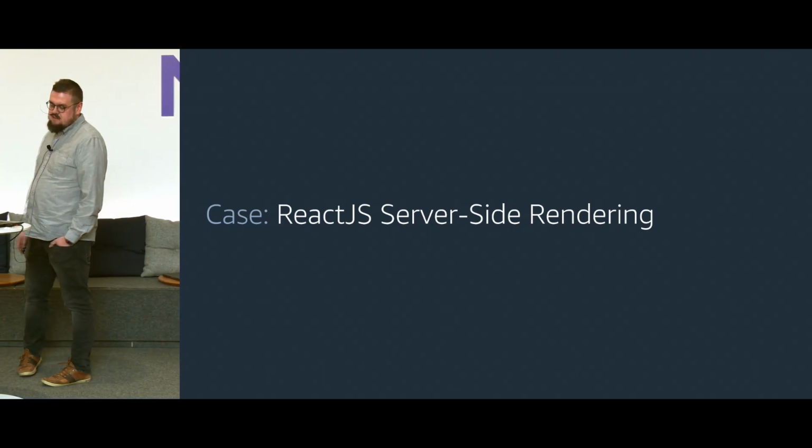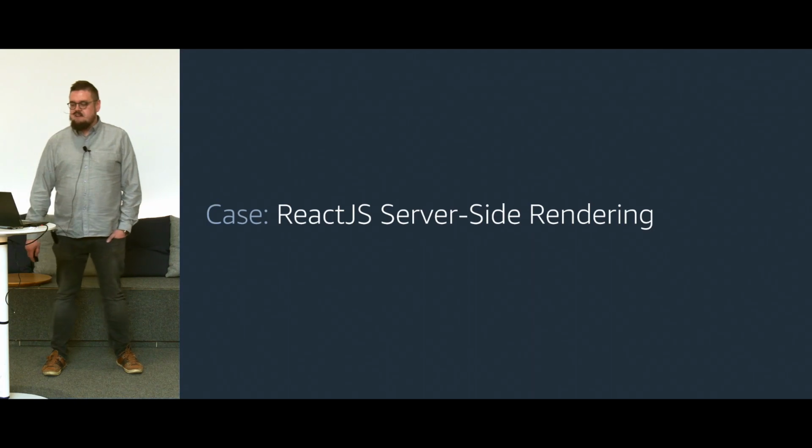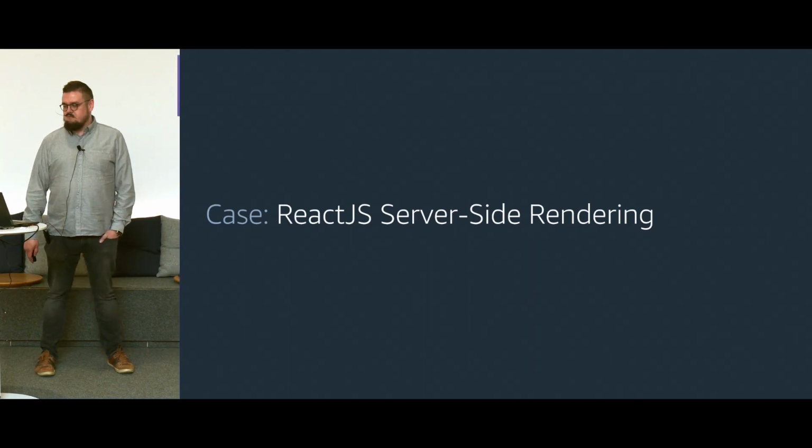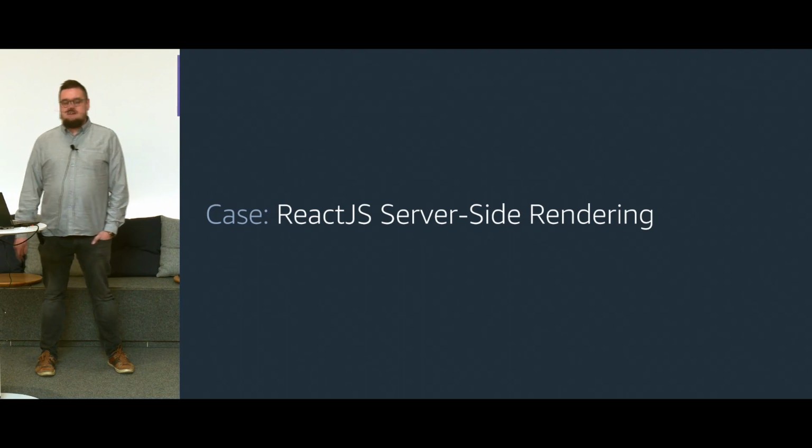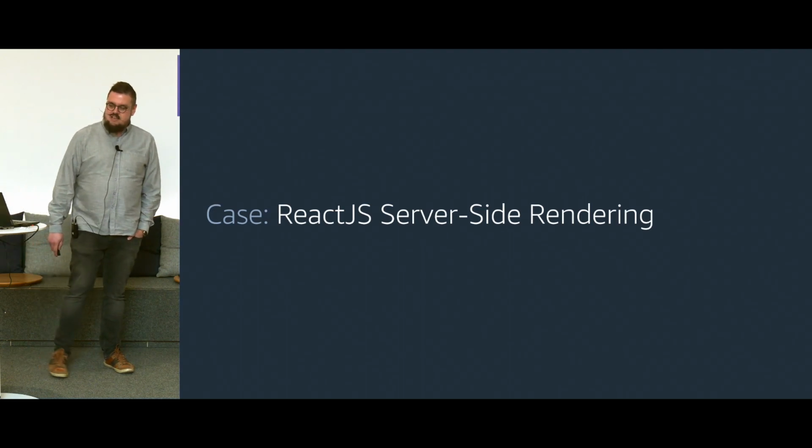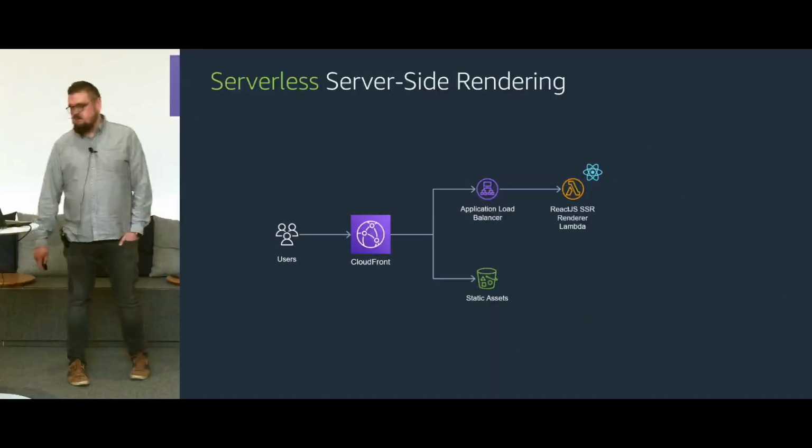Another interesting thing, talking about content rendering, is React.js server-side rendering. We use quite a lot of React. We of course have a lot of different kinds of technology stacks, but React.js is quite popular in Alma. And one interesting thing that we do with Lambda is serverless server-side rendering.